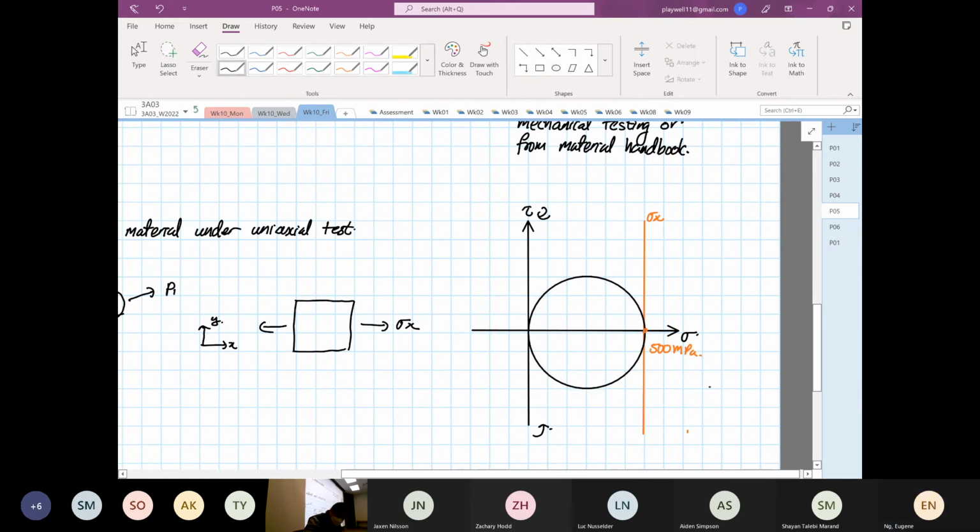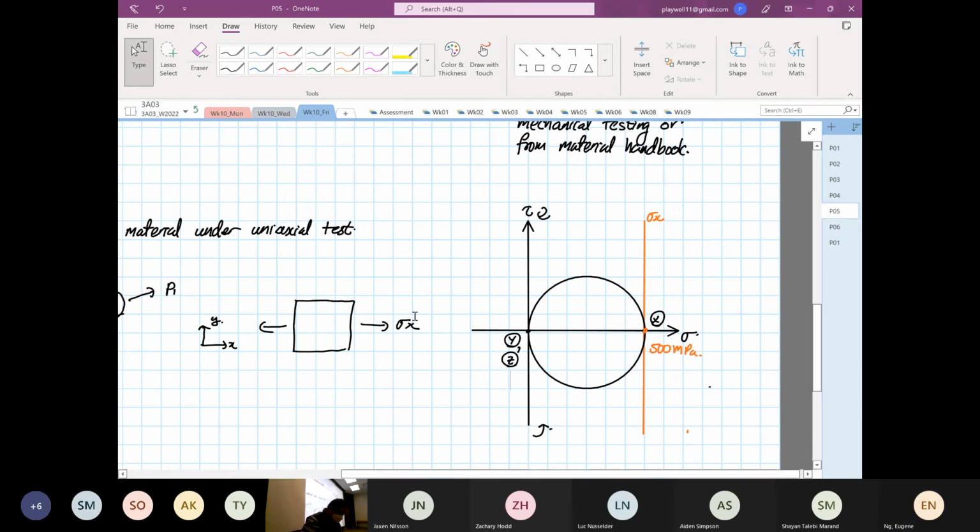This is our point x, this is our point y, and in a 3D Mohr circle, this is also our point Z. Yes or no?